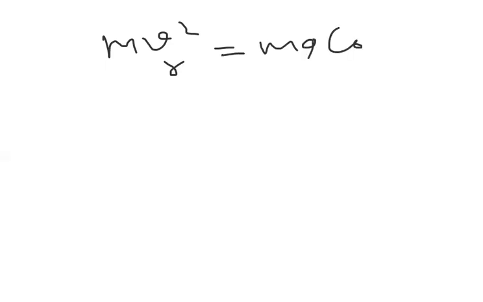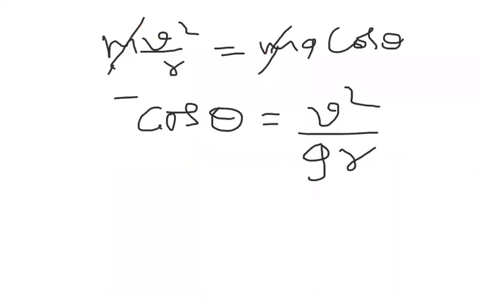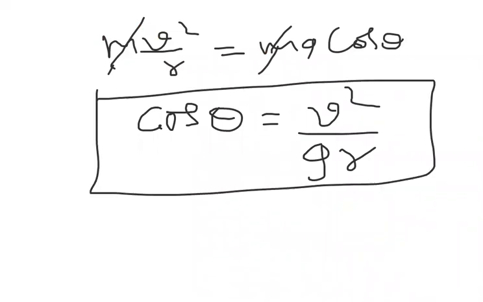M will be cancelled. So what are we left with? Cos theta is equal to v square by gr.